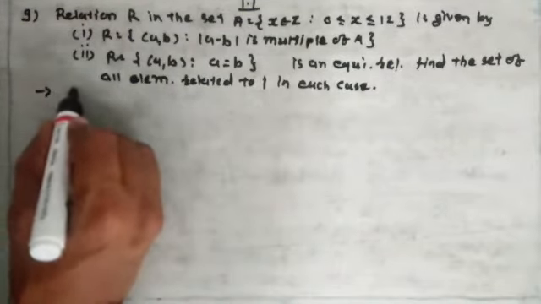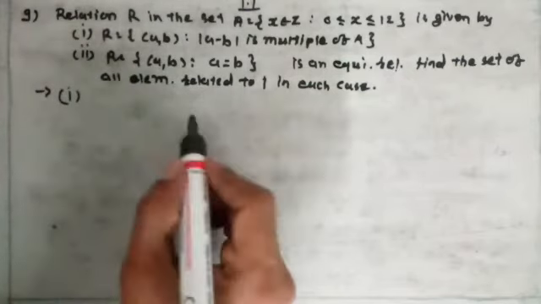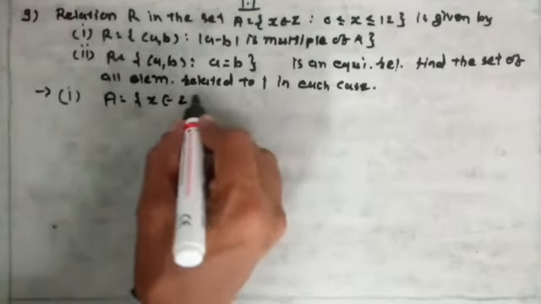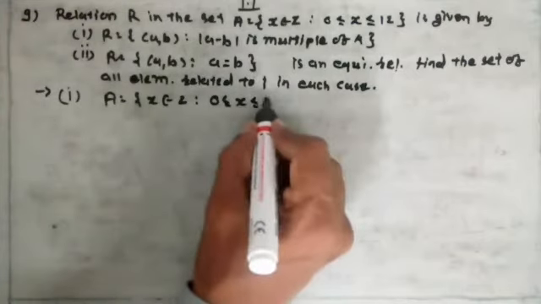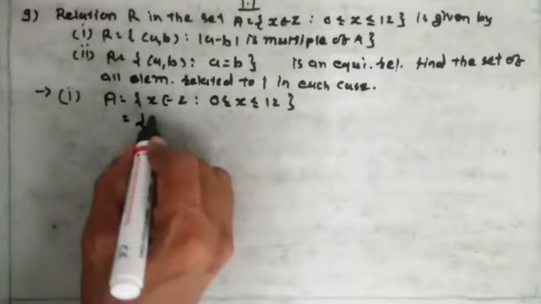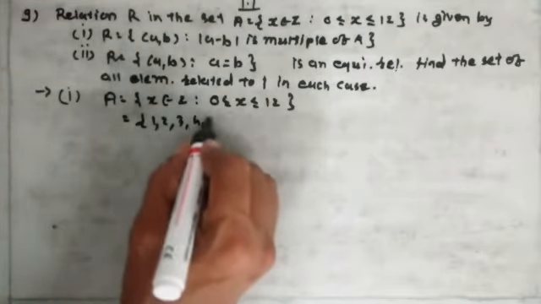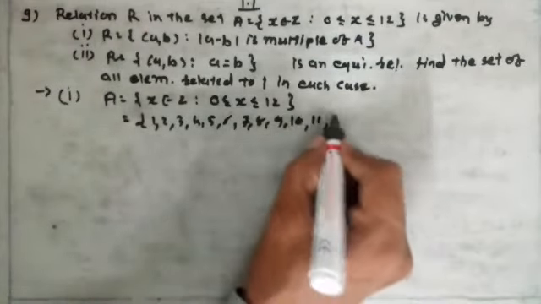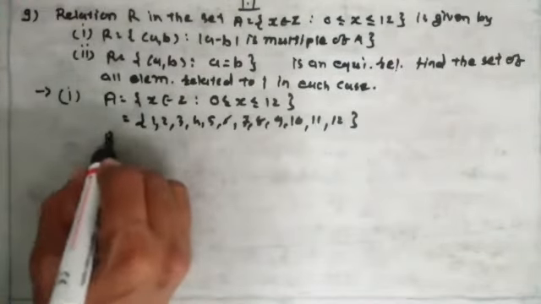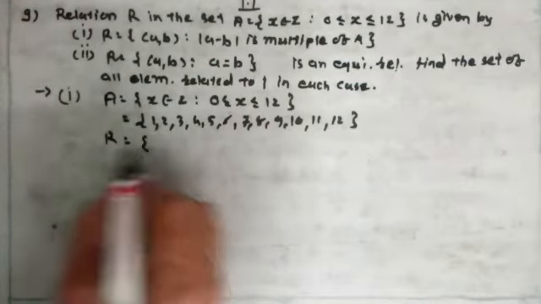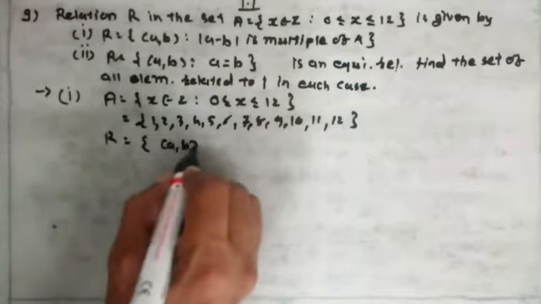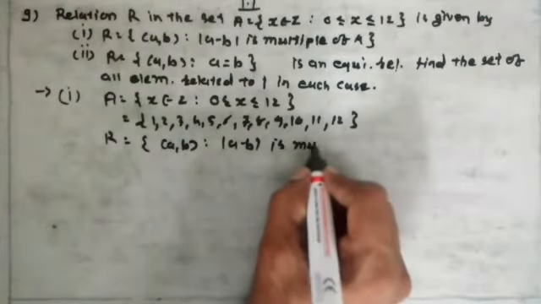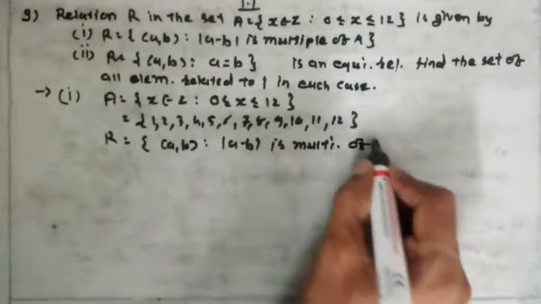For this, we prove that the given relation R in the set A = {x belongs to Z, 0 ≤ x ≤ 12}, that is 1, 2, 3, 4, 5, 6, 7, 8, 9, 10, 11 and 12, the relation R on this set A, given (a, b) such that |a − b| is a multiple of 4.